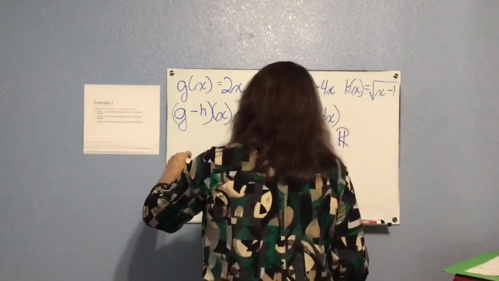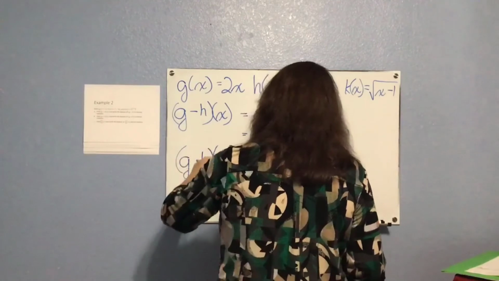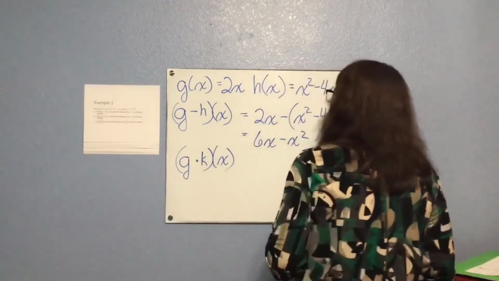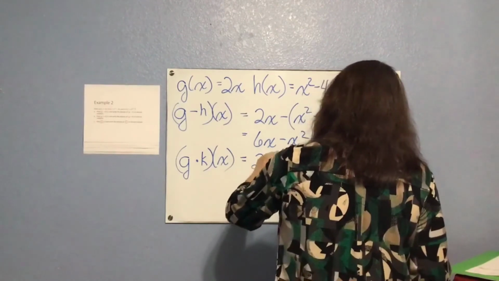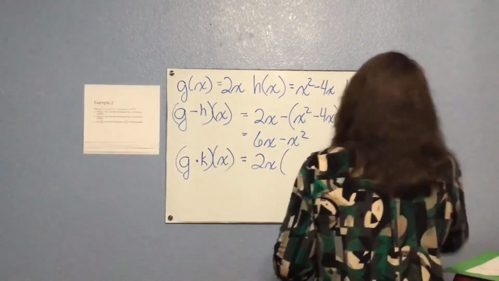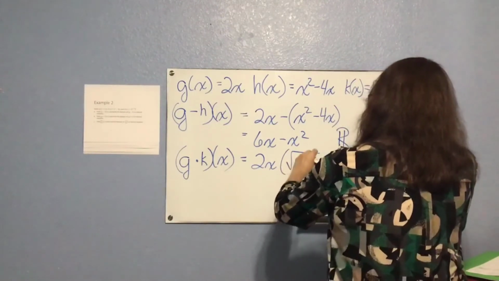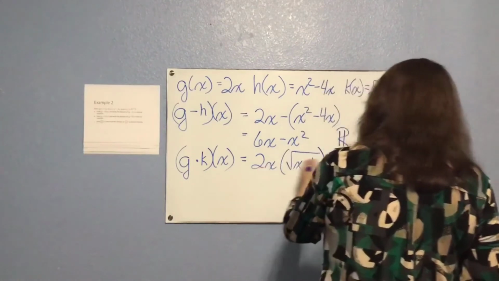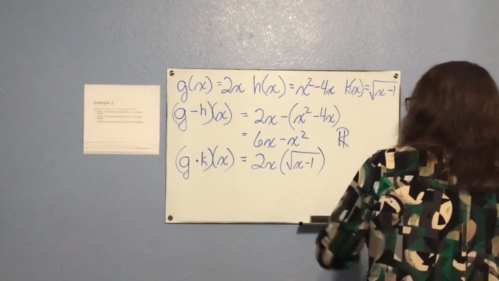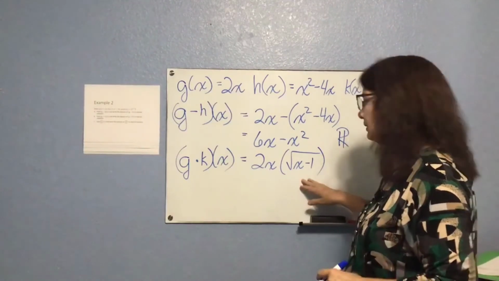Okay, let's try another one. What if I had g times k of x? This time I'm going to multiply 2x times the square root of x minus 1. There's really no way to simplify that, so I can just leave it that way. But I do need to think about the domain here.